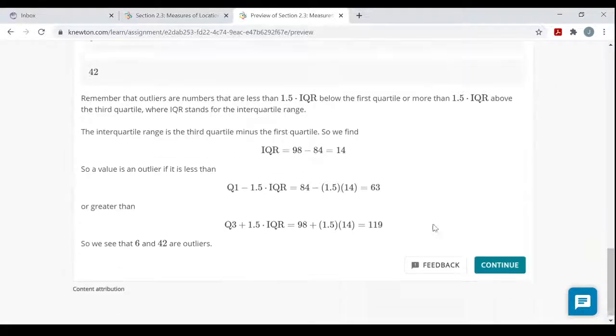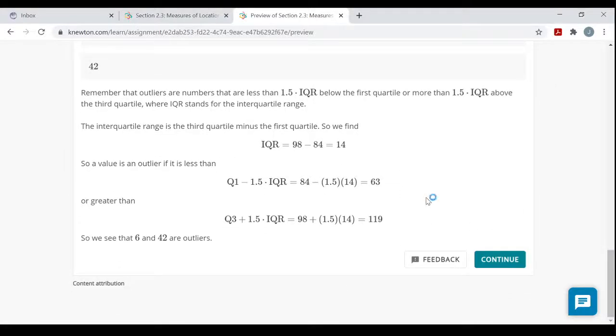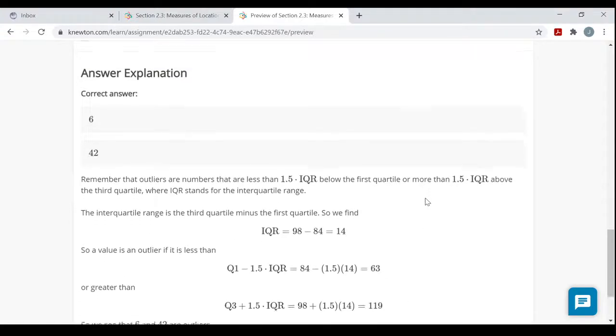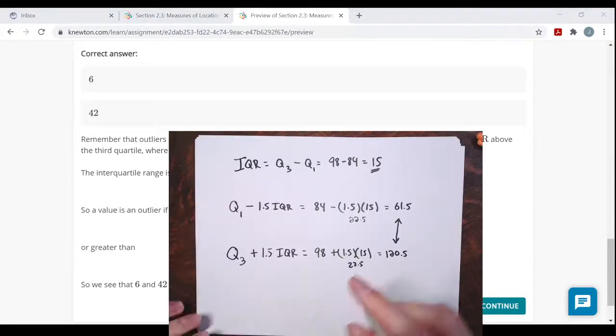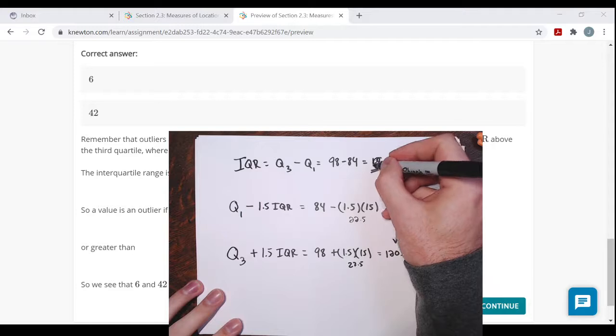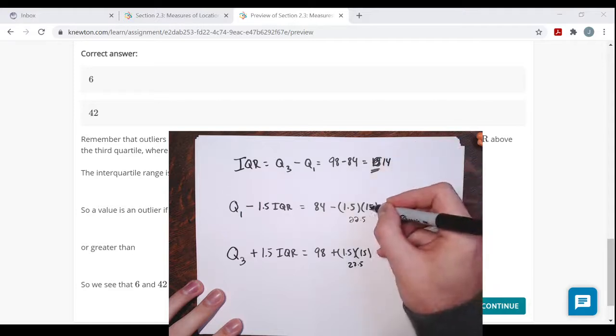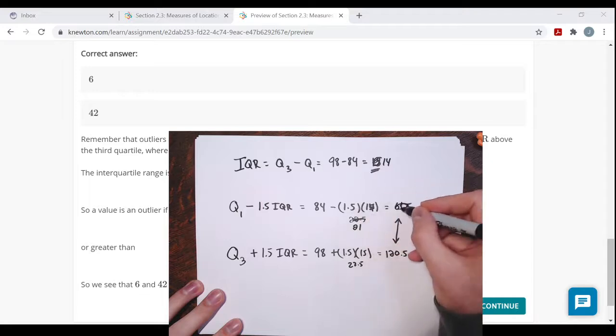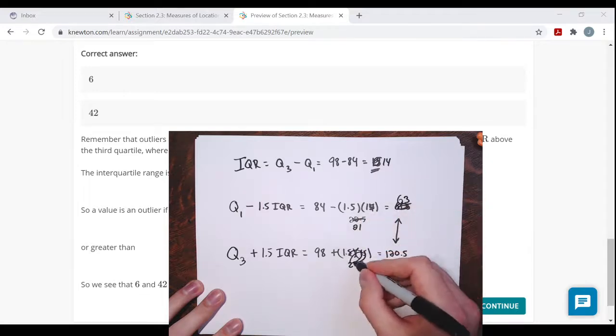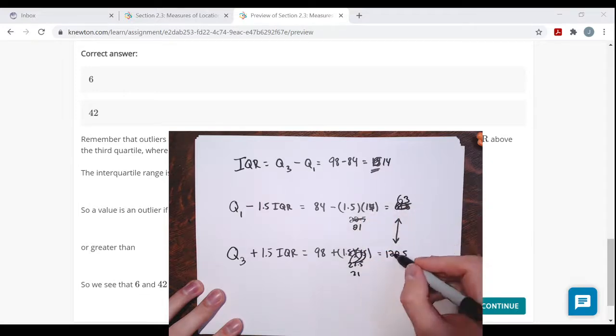Right, and again, they go through the same explanation I did down here. Oh, wow, I can't subtract. I mean, we were still correct. Yeah, 98 minus 84 is 14. Wow, so this would be 14, this would be 21, and this would be 63, and this would be 21 here, and this would be 119.